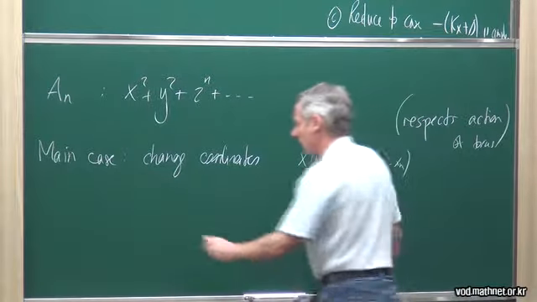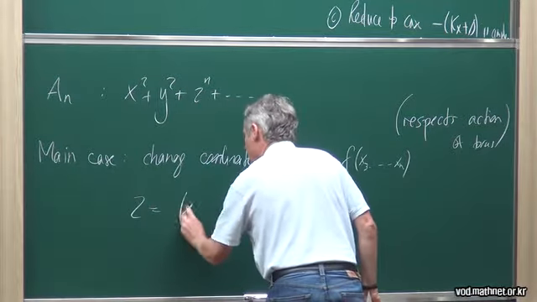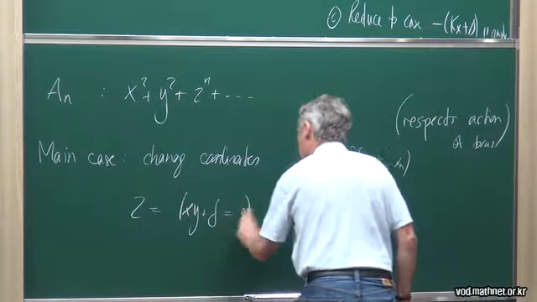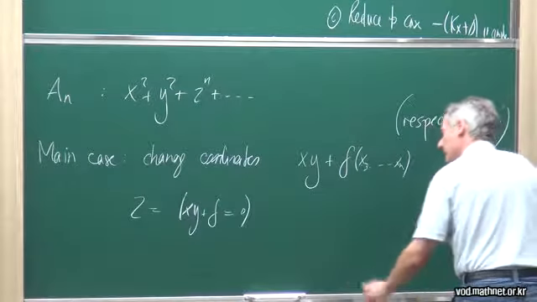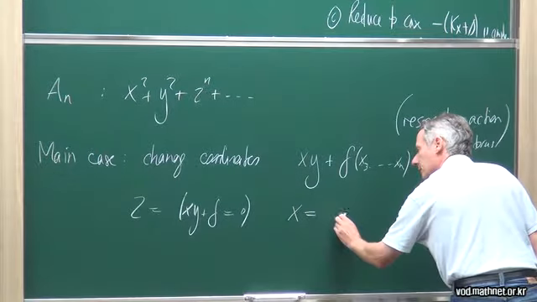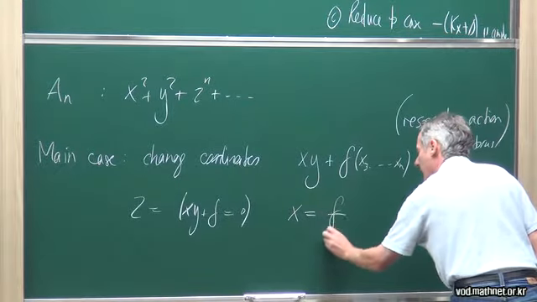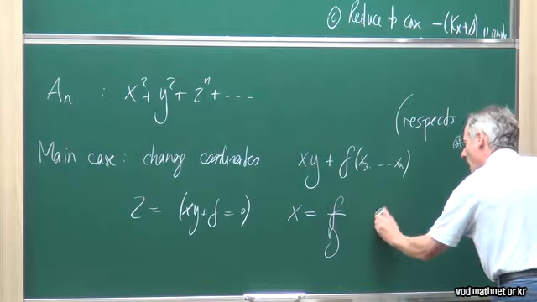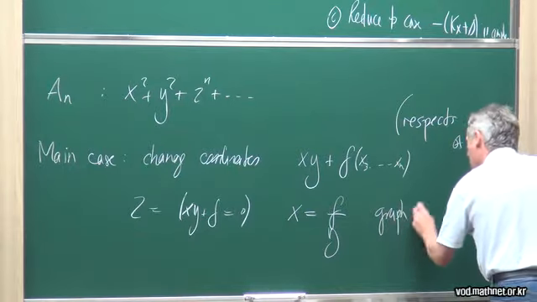And so Z is xy plus f equals 0. But then you see it's very easy because then Z is given by f divided by y, so it's the graph of a rational function.